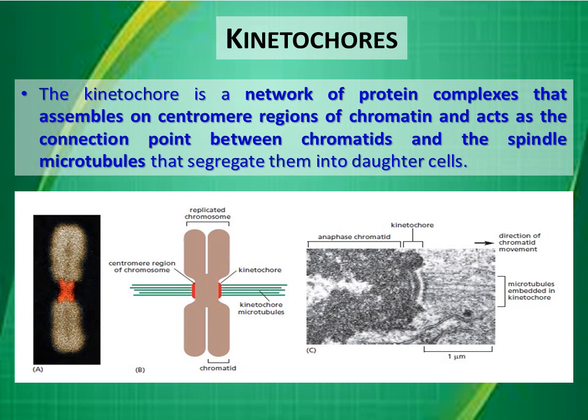B. A drawing of a metaphase chromosome showing its two sister chromatids attached to the plus ends of kinetochore microtubules. Each kinetochore forms a plaque on the surface of the centromere. C. Electron micrograph of an anaphase chromatid with microtubules attached to its kinetochore.